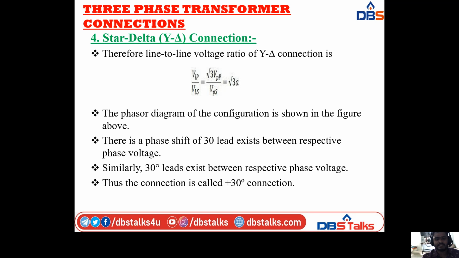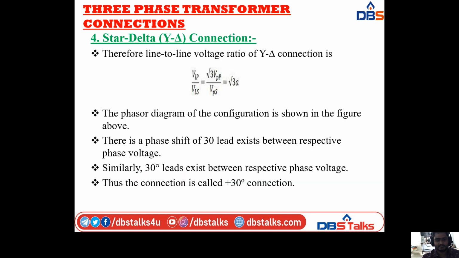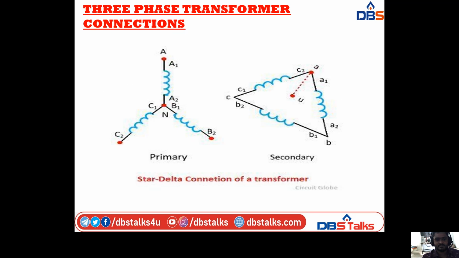Similarly, 30 degree leads exist between the respective phase voltages. So thus the connection is called the plus 30 degree connection. So this is the connection diagram of that one.